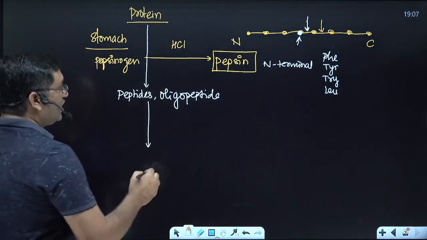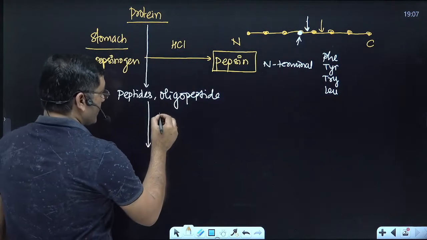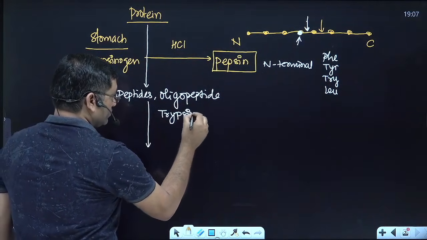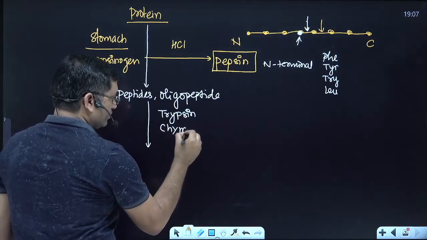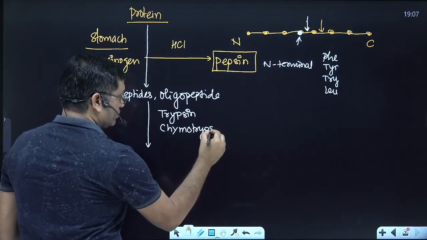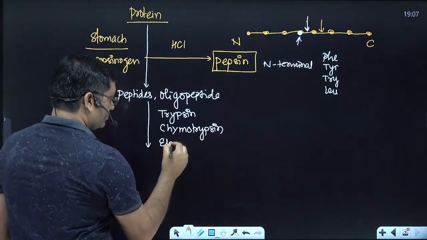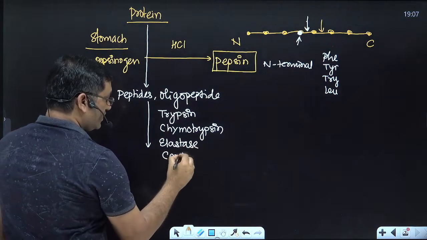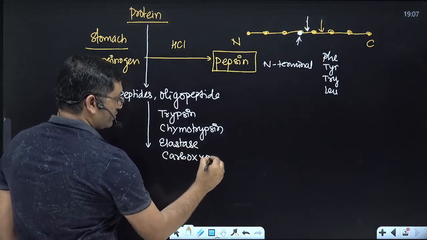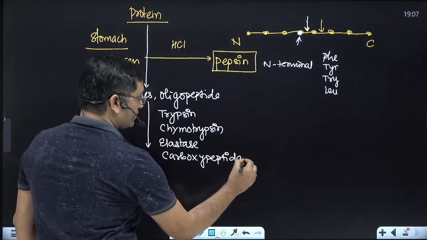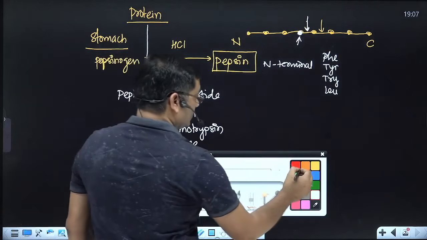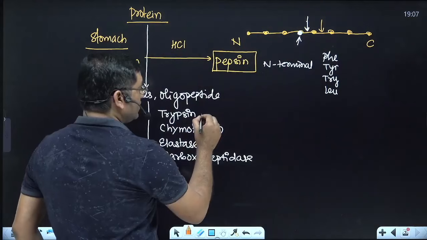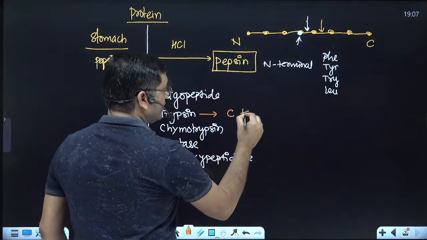Now these peptides, oligopeptides, are acted upon by trypsin, chymotrypsin, elastase and carboxypeptidase A and B. Now see, this trypsin acts on the carboxyl terminal.